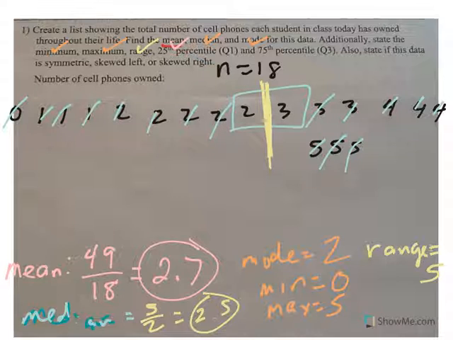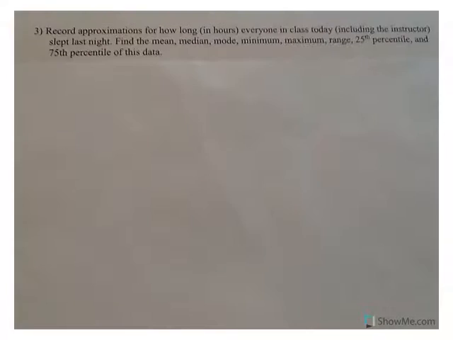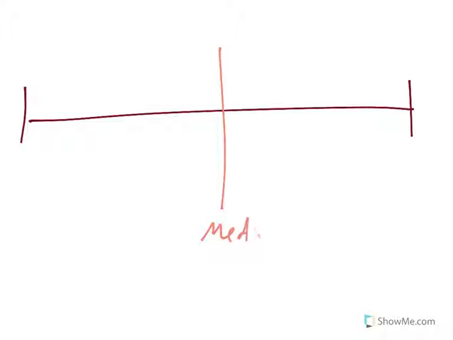Great. Now, the only thing I have left is the 25th and 75th percentile. If you think about it, if this is all of our data here, the median, which we already found, cuts it directly in half, which is the 50th percentile.